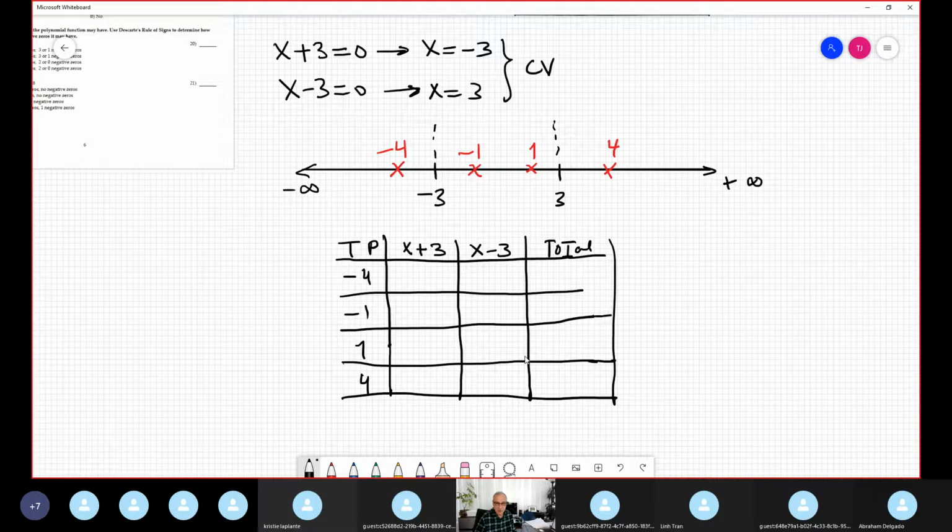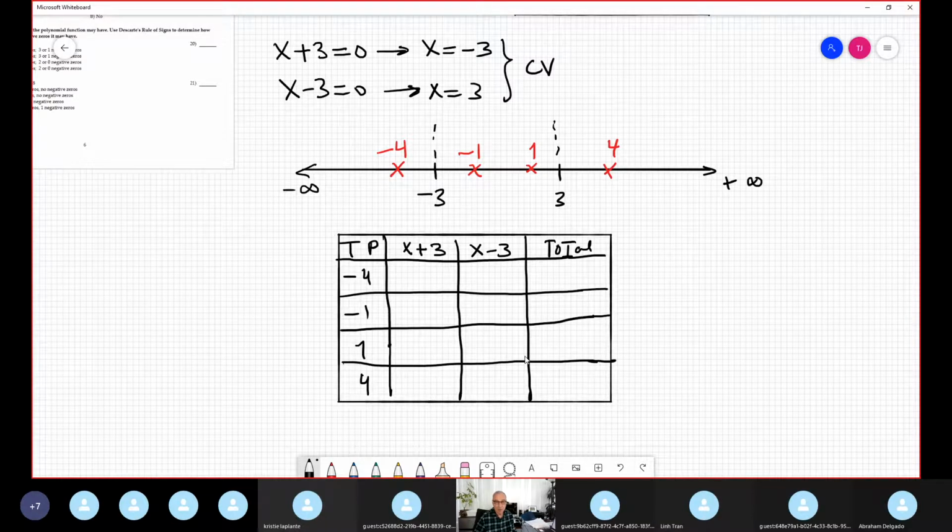Remember, the information inside this table is only signs, positive or negative. And you evaluate one by one, in this case, each factor. This is negative. I suppose you understand this very well, no? -4 + 3, plugging in this value here, is -1. I know it is -1, but I put only negative.